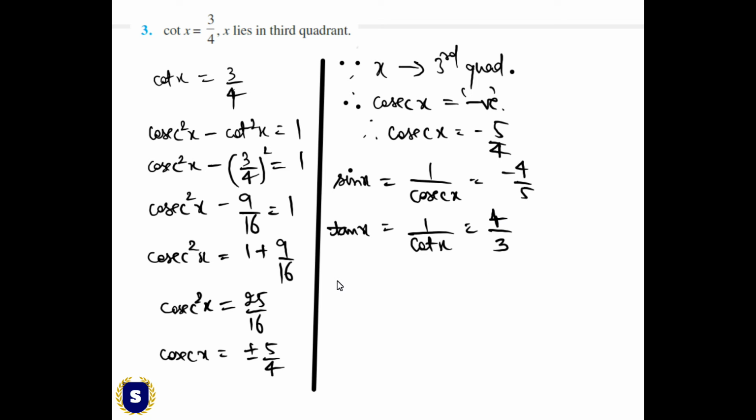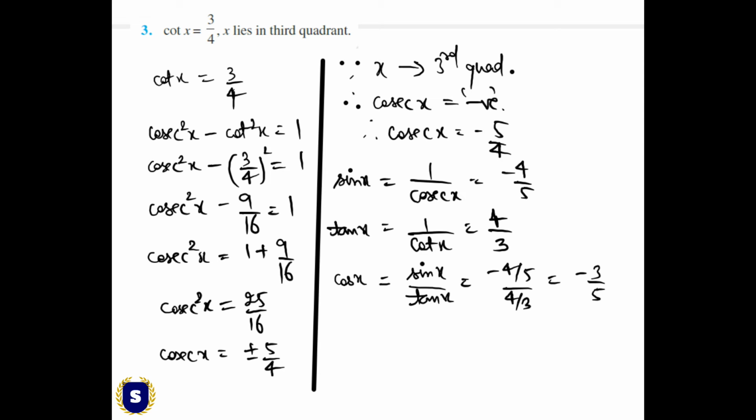Using these two values we can calculate the value of cos x. Sorry, a mistake. Cos x is equal to sin x upon tan x, that is equal to minus 4 by 5 upon 4 by 3. So we got the value minus 3 by 5.